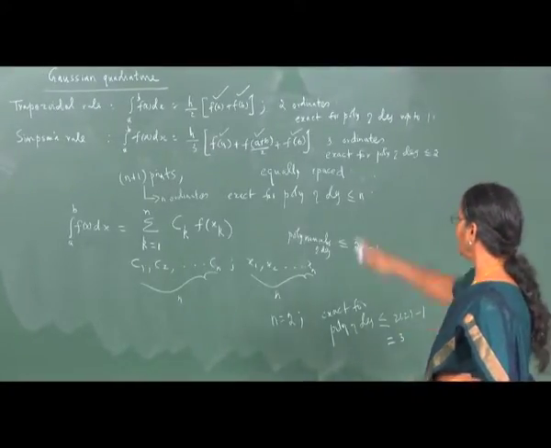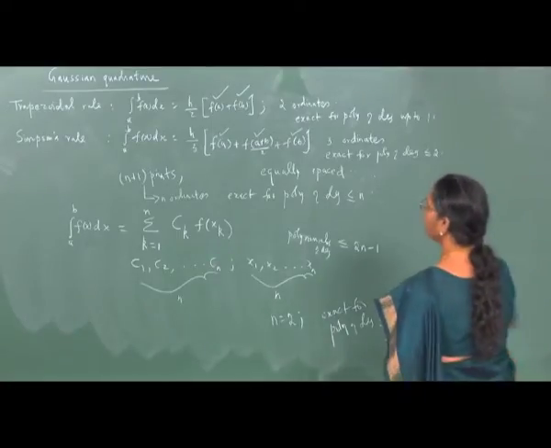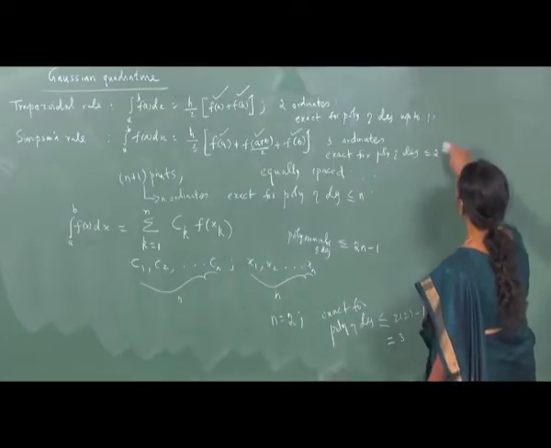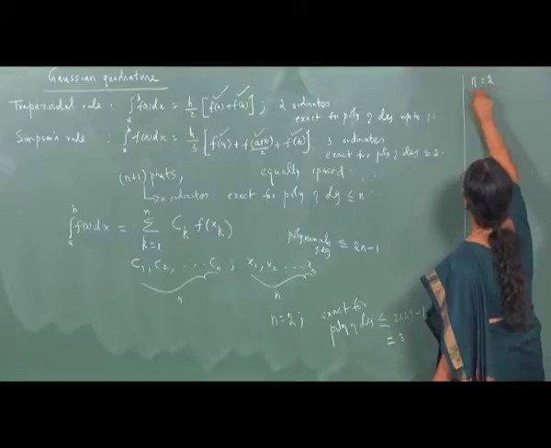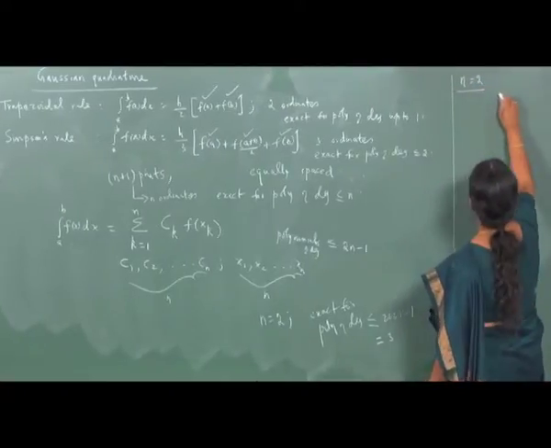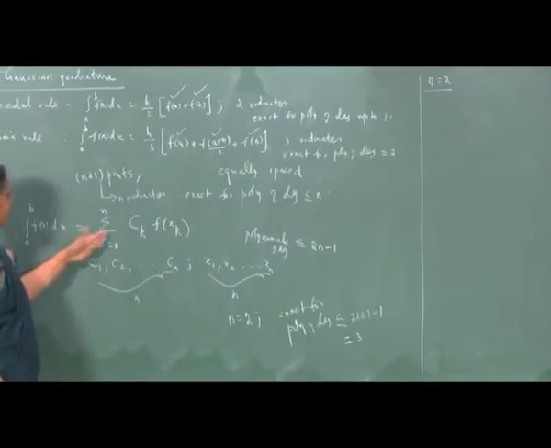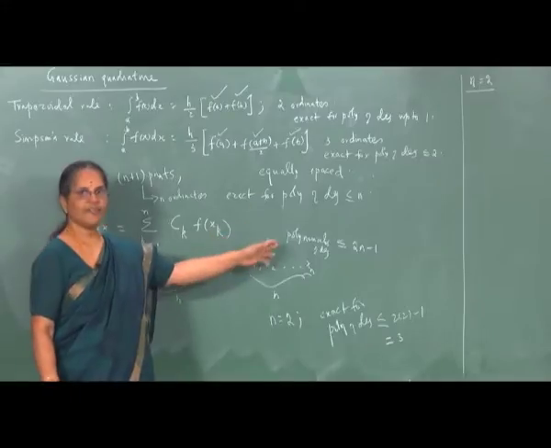So, let us work out the details proposed by Gauss and arrive at a Gauss quadrature, say for the case when n is equal to 2. So, we require an integral of the form a to b f of x dx equals c_1 f of x_1 plus c_2 f of x_2.